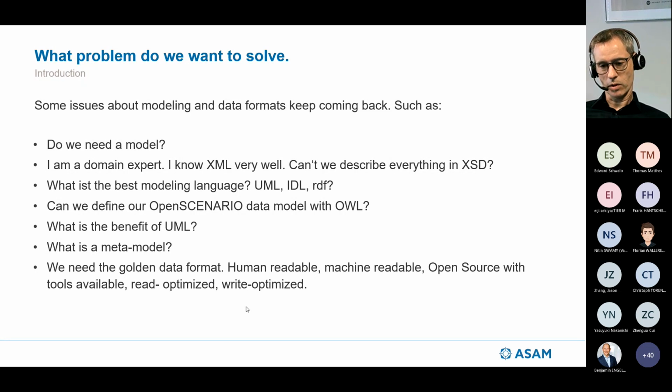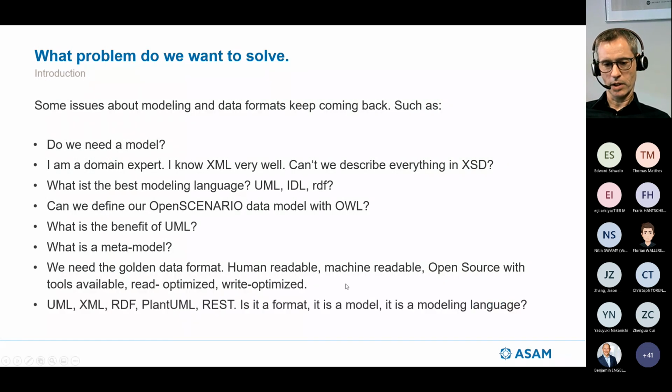And of course, the quest for the golden data format. It should be able to do everything: human readable, machine readable, open source, tools available, read optimized, write optimized. What should we take to encode our domain objects? And last but not least, there are a lot of terms around like UML, RDF, REST, and everything like that.